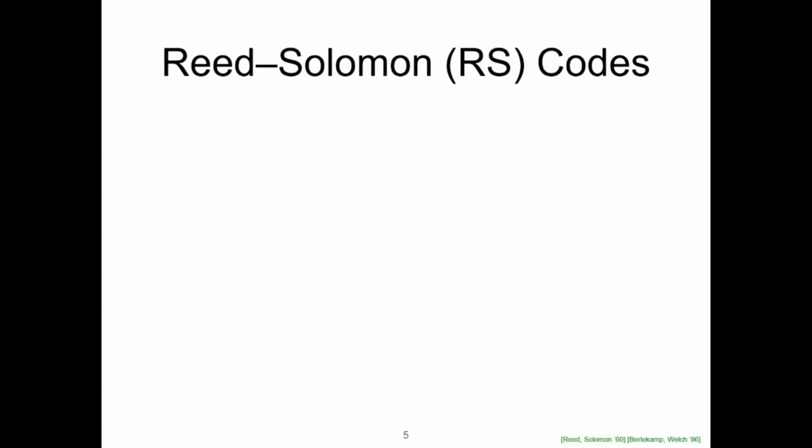In this talk, we focus on a classical family of codes called Reed-Solomon codes. Here's the definition. Suppose alpha_1 through alpha_n are elements from F_q, and k is the integer that is supposed to be the dimension of the code. We define the code C to be the set of n-tuples of evaluations, f(alpha_1) through f(alpha_n), where f ranges over the set of polynomials of degree less than k.